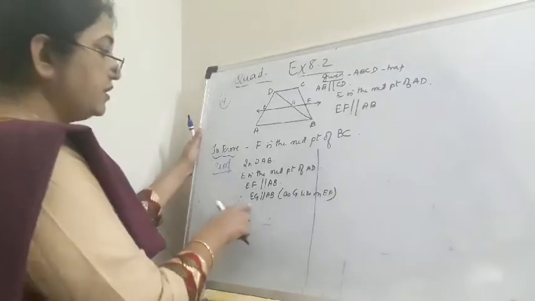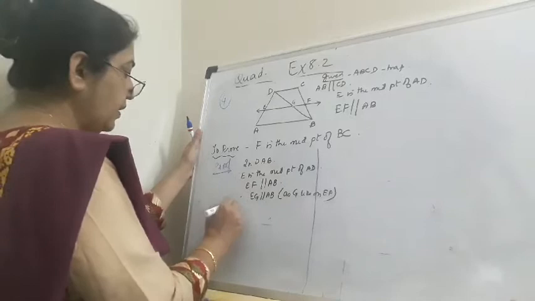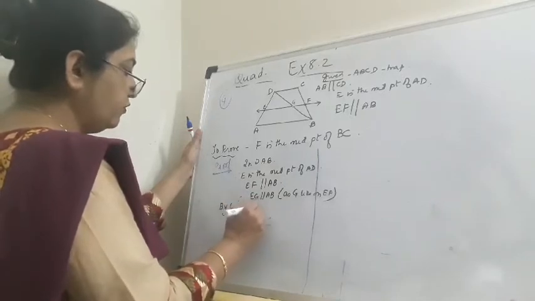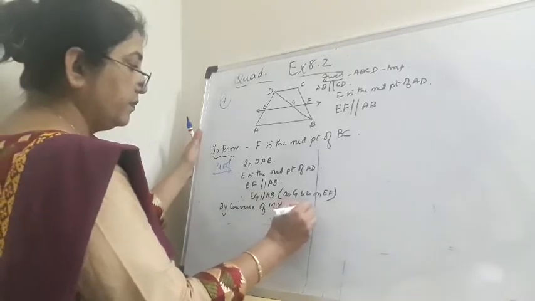Now EG is parallel to AB, E is a midpoint, therefore by the converse of the midpoint theorem.